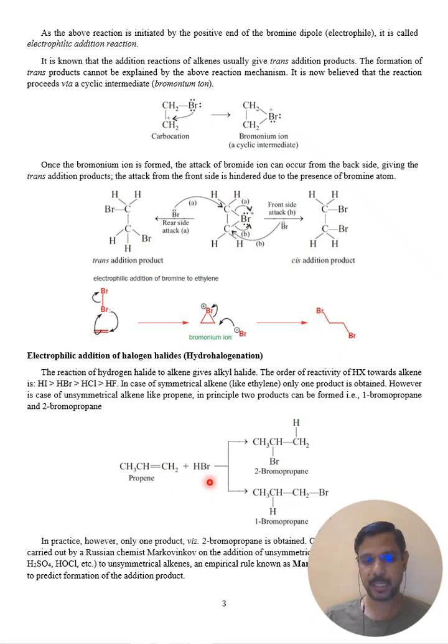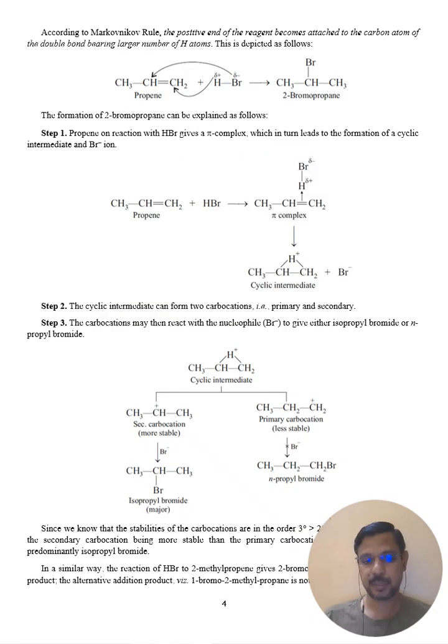So the Br minus will always attack the less hydrogen-containing carbon, that is the C2 carbon. So 2-bromopropane is the major product according to the Markovnikov rule. So why did he say that that will be the major product?